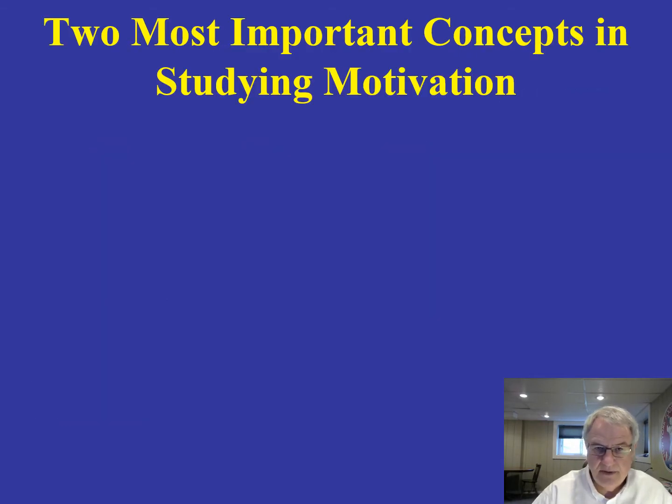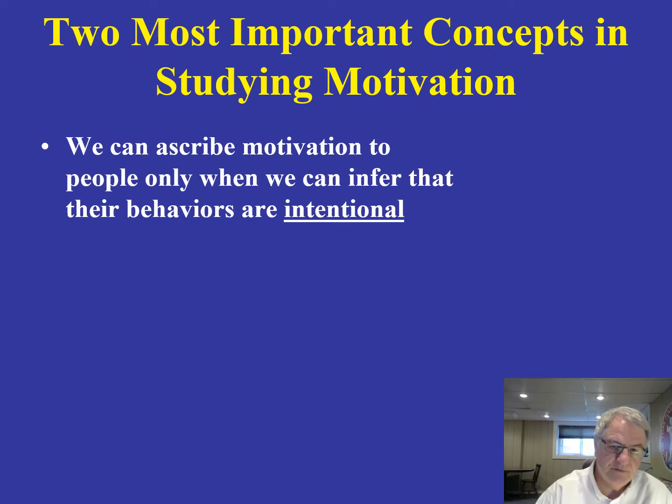So let's begin by acknowledging a couple important things regarding motivation. First of all, we can't really say that a behavior is a motivated behavior unless we know that there's intent involved. So that's one of the key characteristics of motivated behavior: intent.